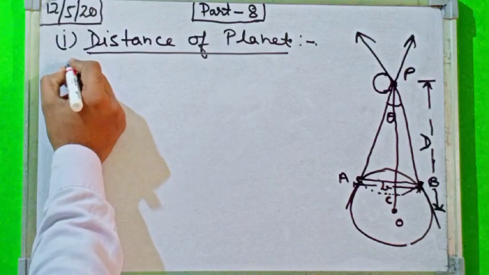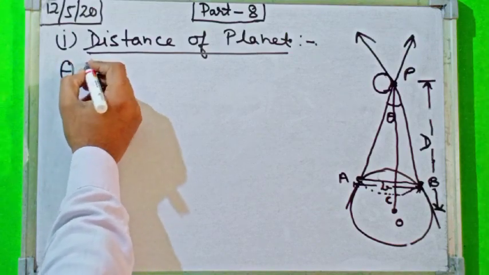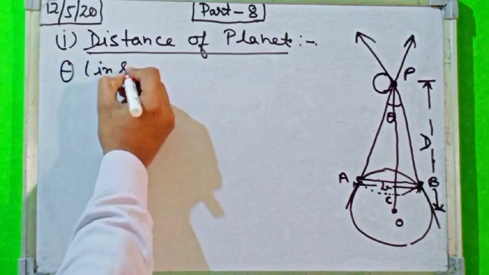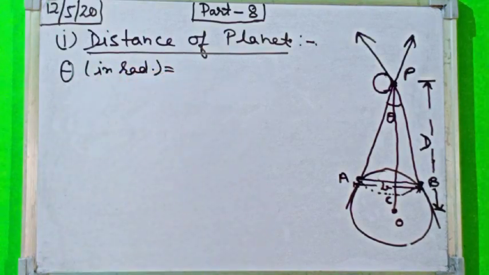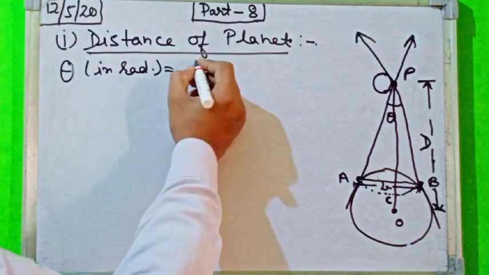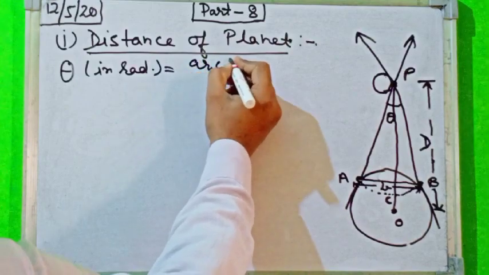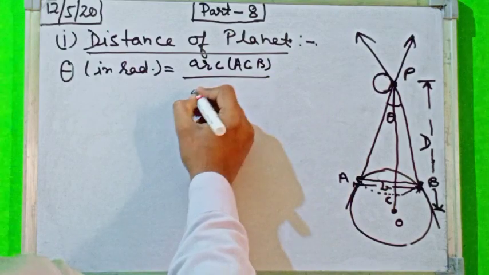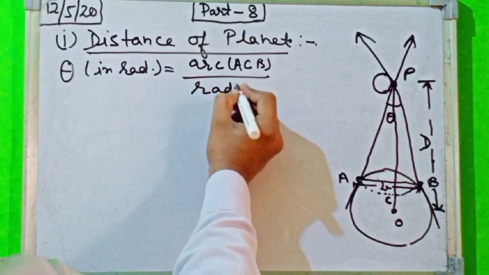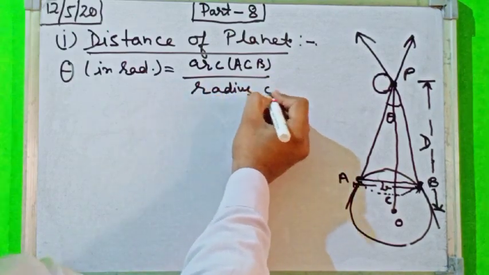So first of all, we will calculate theta in radian, and this theta in radian is equal to arc upon radius, that is arc ACB upon radius CP.